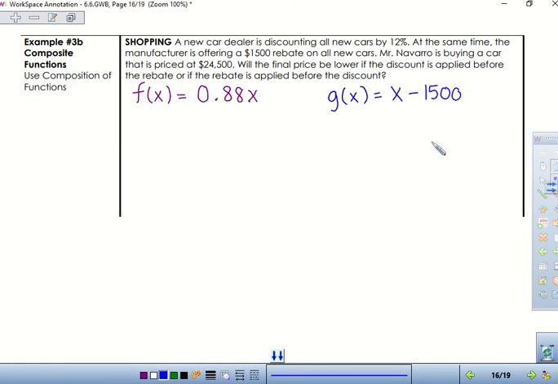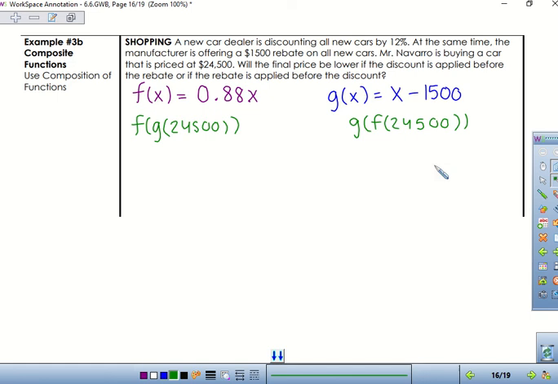Minus 1,500. And then what am I going to be plugging in for x overall when I compose these? 24,500. Good. So I have to find f of g of 24,500. And then I have to find g of f of 24,500. What does g stand for? Oh, it represents the rebate, the price after the rebate. Okay.